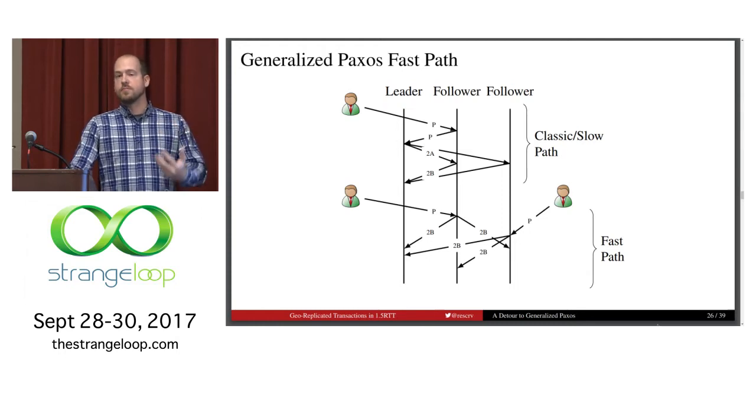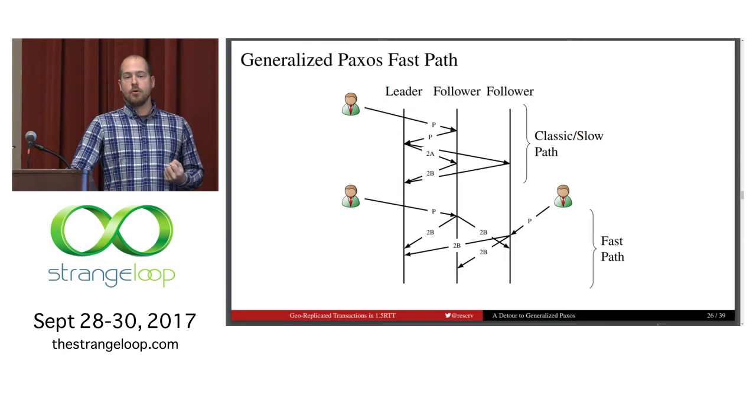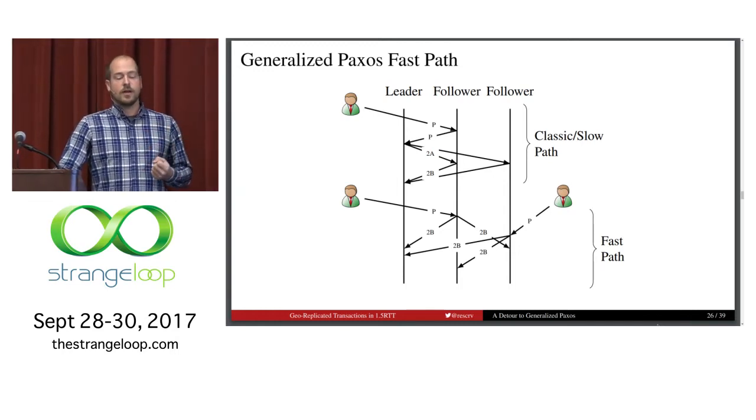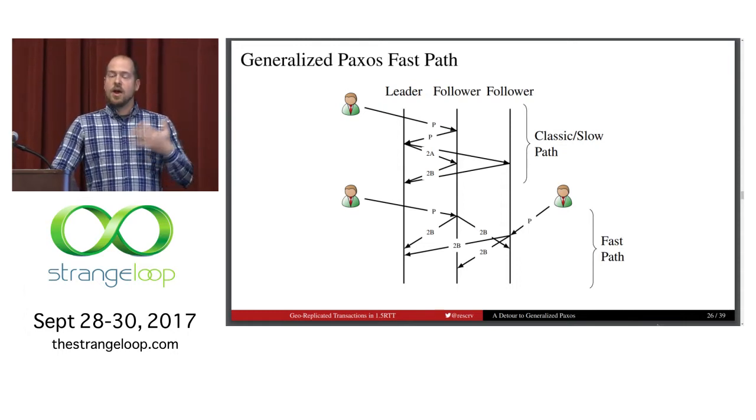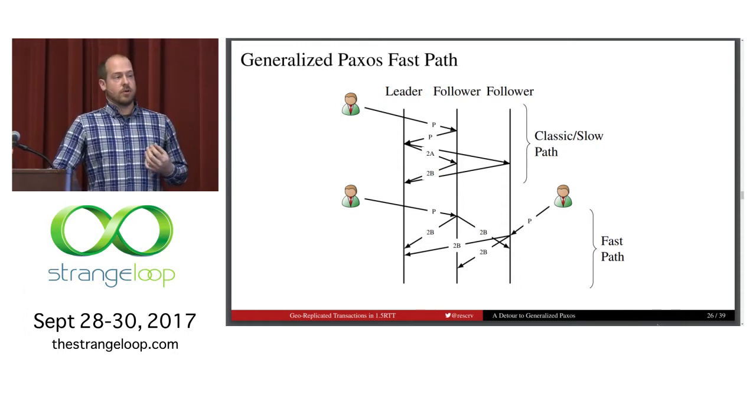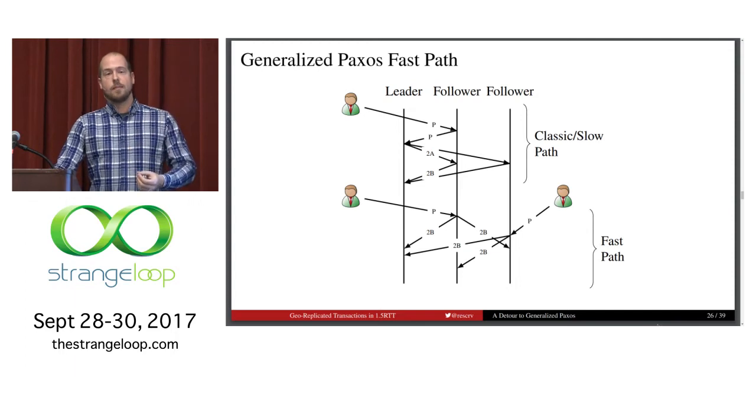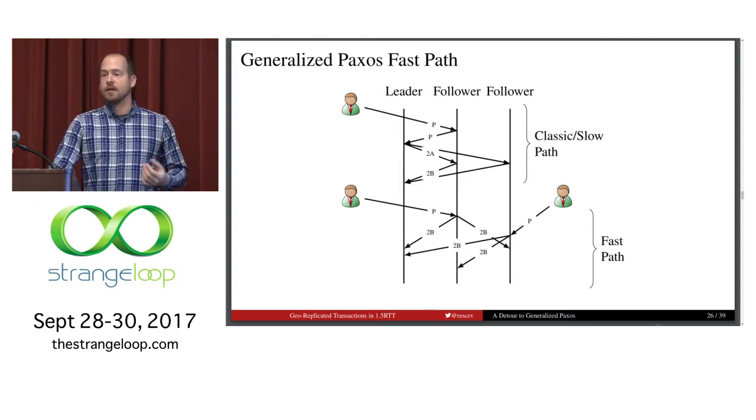When a proposal comes into a node and that node is not the leader, that node must forward the proposal to the leader, and the leader can then run Paxos to make that value agreed upon. So you have at least one network hop when a proposal comes into someone who is not the leader. And then you have additional network hops for that leader to agree on the proposal, and then you'll have additional network hops to disseminate the outcome of that learned value.